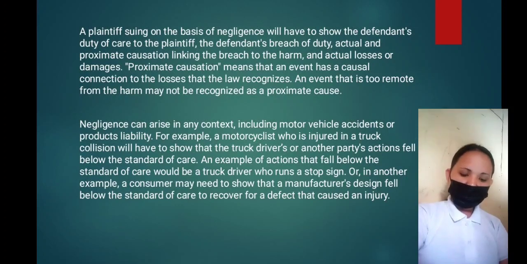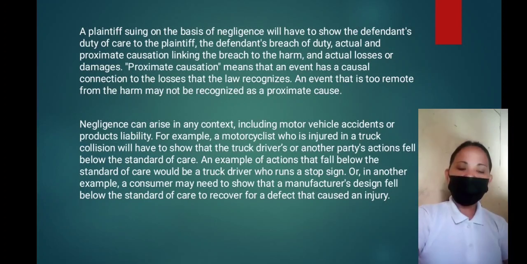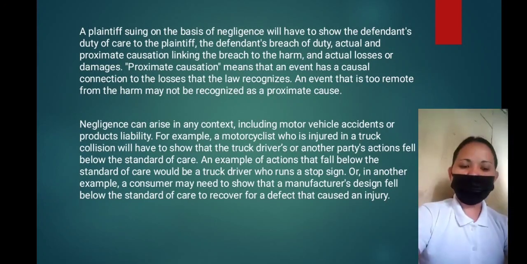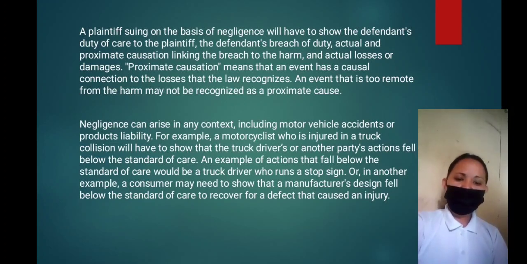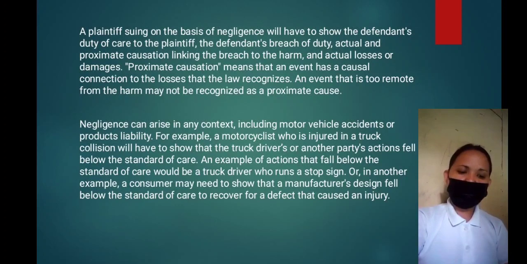Negligence can arise in any context, including motor vehicle accidents or products liability. For example, a motorcyclist who is injured in a truck collision will have to show that the truck driver's or another party's action fell below the standard of care.